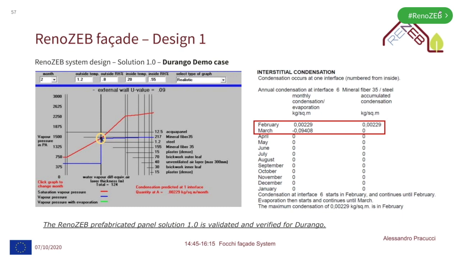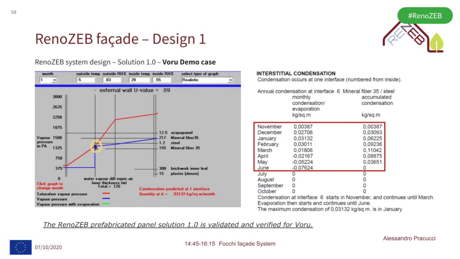And this was valid both for Durango, so the Spanish demo case, as well as for Voru, where obviously the winter time is longer, the cold months higher, and so the condensation was more intensive. However, this design one solution for Focchi facade was perfectly in line with the norm.